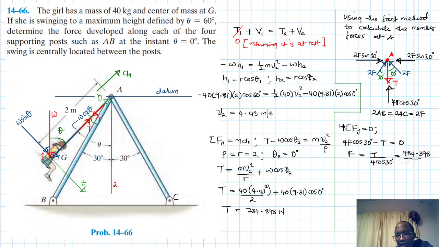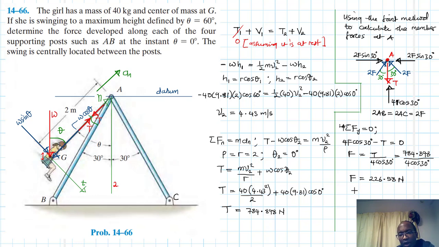and this is equal to 784.898 divided by 4 cos 30. So the member forces here are just going to be equal to 784.898 divided by 4 cos 30 degrees, like so. So this is just 226.58 newtons.